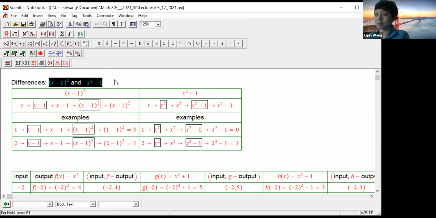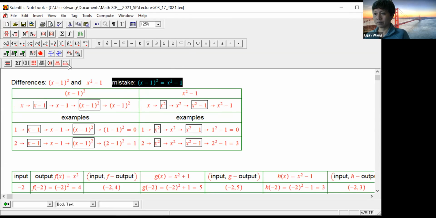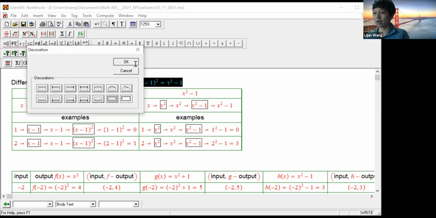So these two expressions, it's another mistake to think that they're the same. They're not. Okay, so that's a mistake. Very common mistake.